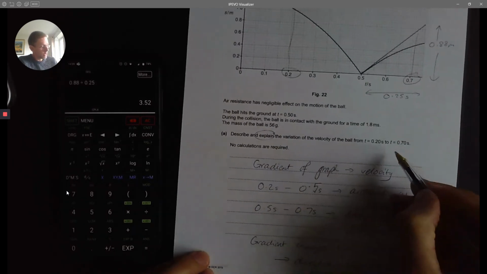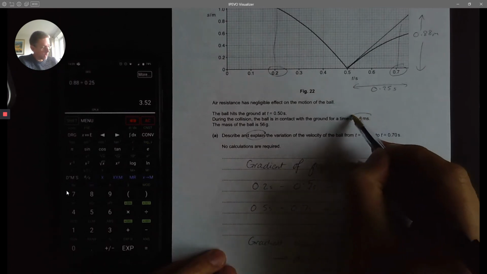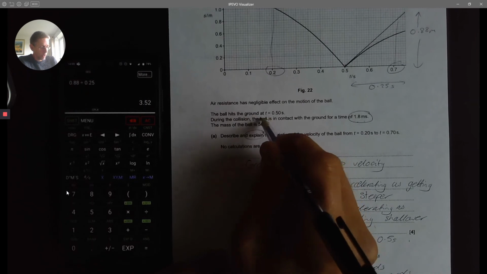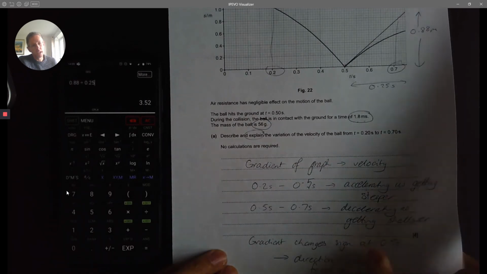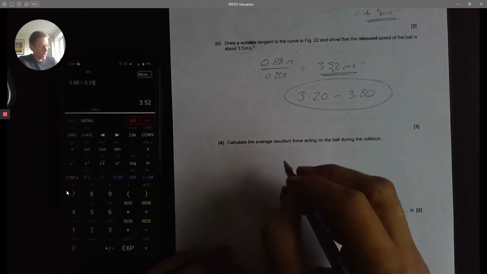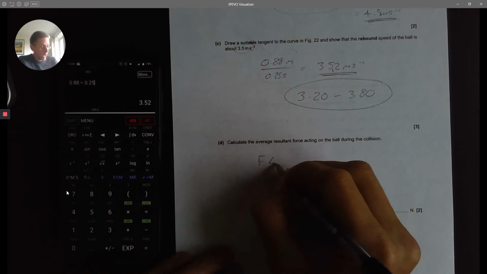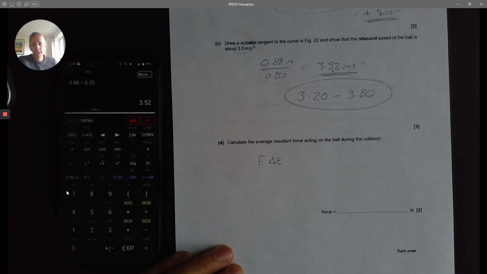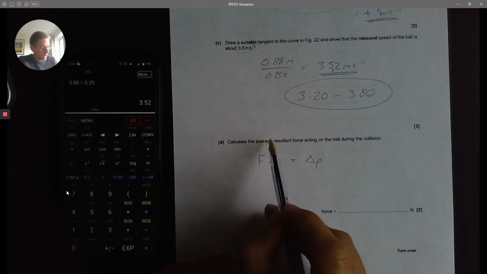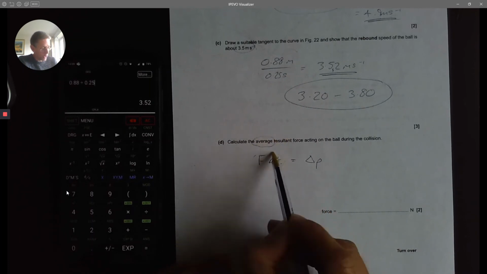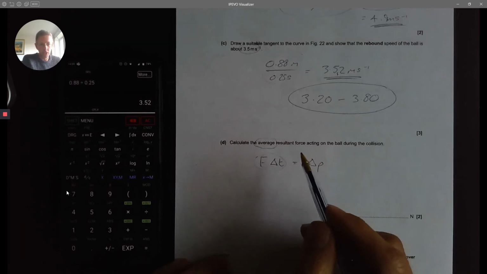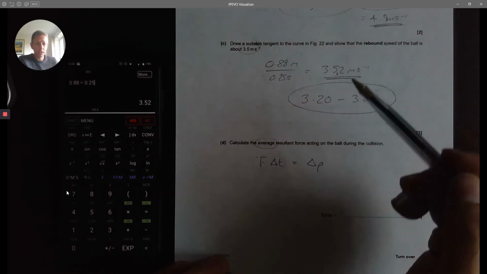You can see here that they have told us that the collision lasts for 1.8 milliseconds, and also note that they've given us a mass that we haven't used yet, so we should find ourselves being drawn towards the formula that the average force multiplied by the time that it acts for is equal to a change in momentum. It really is this word average that's drawing us towards this formula, hinted by the fact that they've given us a mass that we haven't used yet.